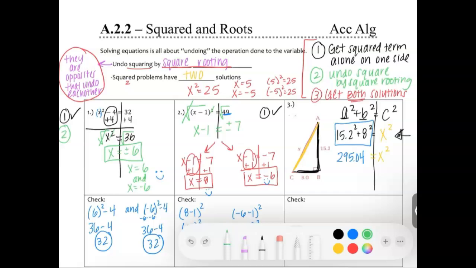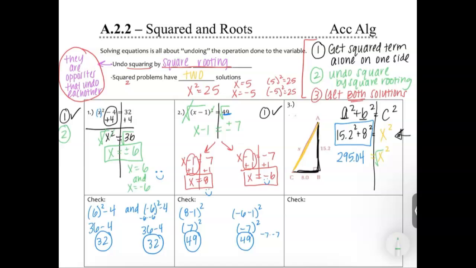So we have to do it this way, but now we are ready for step 2 to undo the x squared by square rooting. And so when you square root, you get that x is equal to, remember you get two answers when you square root, positive and negative 17.18. We'll round to 2 decimal spots.